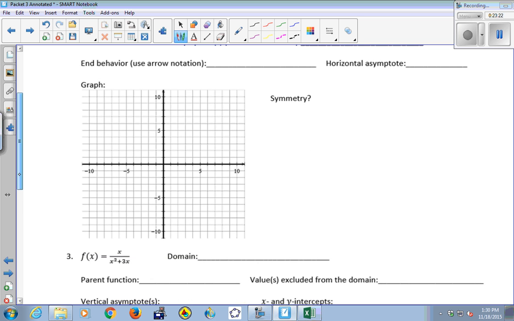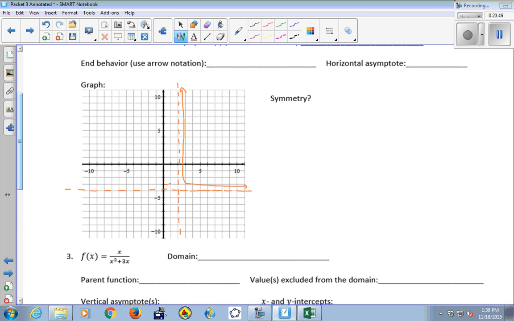But if I draw it, my asymptotes used to be the axes. I have to shift them to the right and down 4. So this one goes to the right. My x-axis has to go down 4. So now everything's shifted and I can just draw the same shape because there's no shape change. So this just goes like this.